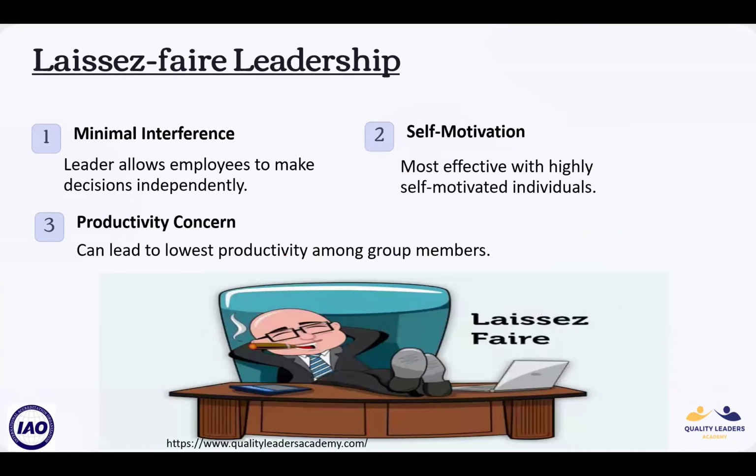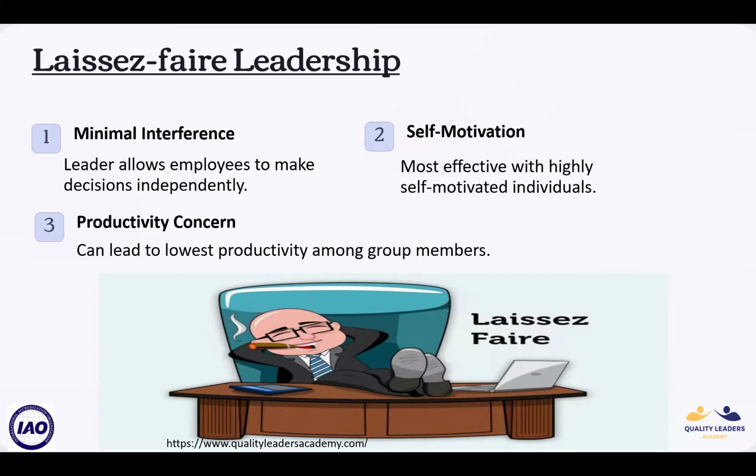Now, coming to laissez faire leadership. Here, laissez faire in French means let them do. It's a sort of lazy leadership also, right? So this leadership style is quite different from what we have discussed so far. It's about giving your team the complete freedom to make their own decisions. There will be minimal interference from the leader.